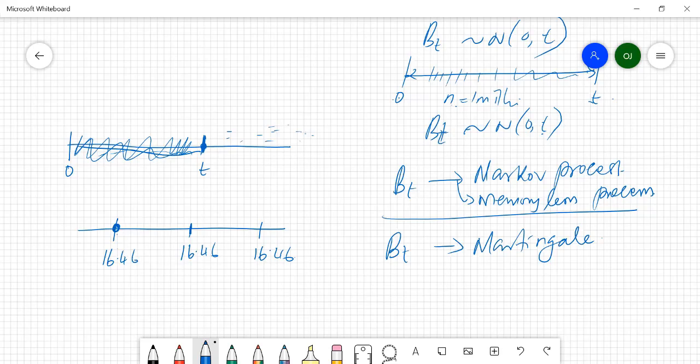Now that property is true for Brownian motion, and that property whereby we forecast with only the current price is called the martingale property. So the Brownian process is also having the martingale property. That means what happens in the future, we assume it is remaining the same.